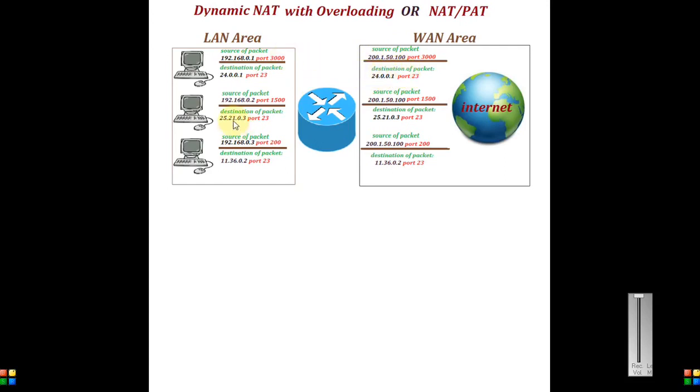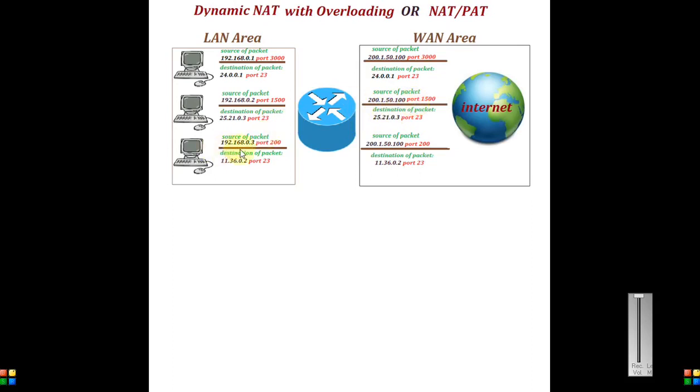Similarly, this host sends a packet with port 1500, and here the source address is 192.168.0.2, but when it moves towards the router the source address becomes 200.1.50.100 and the destination address remains the same.